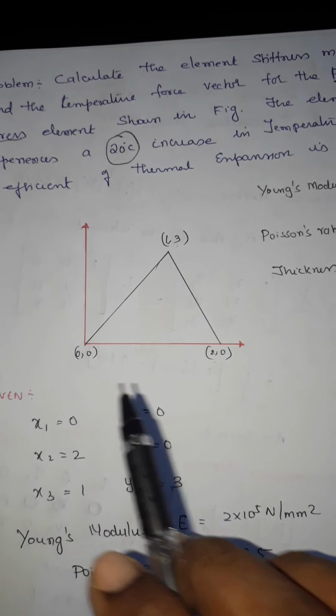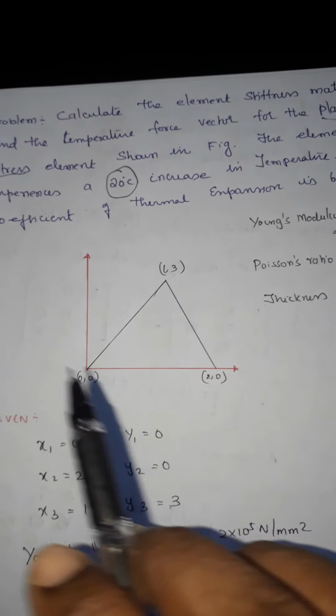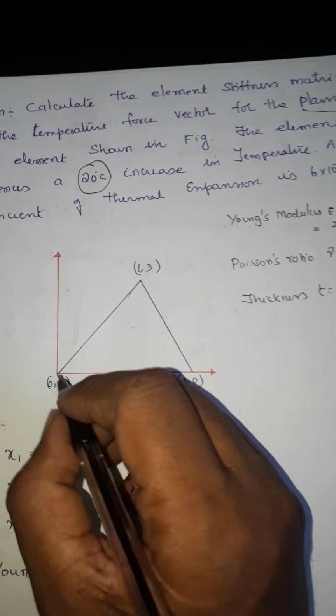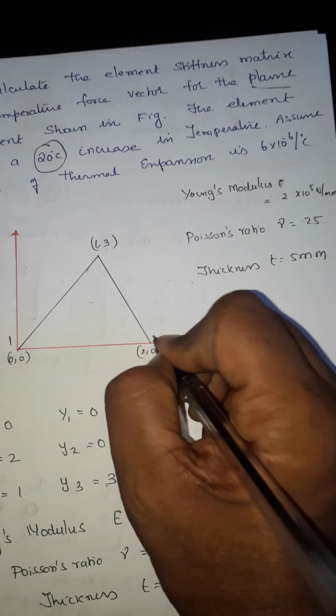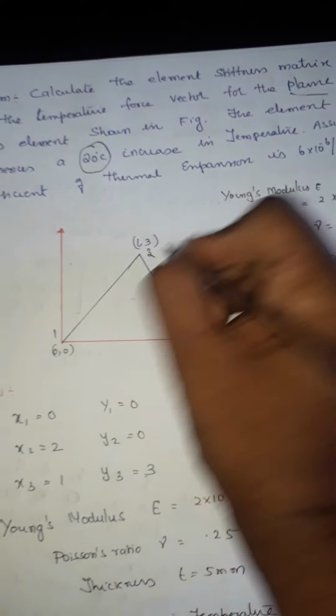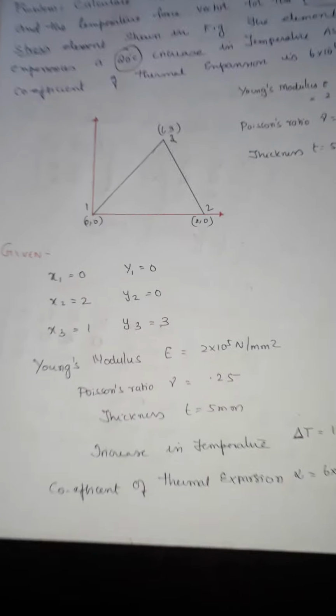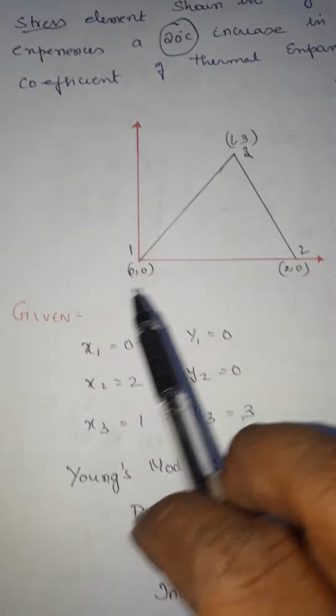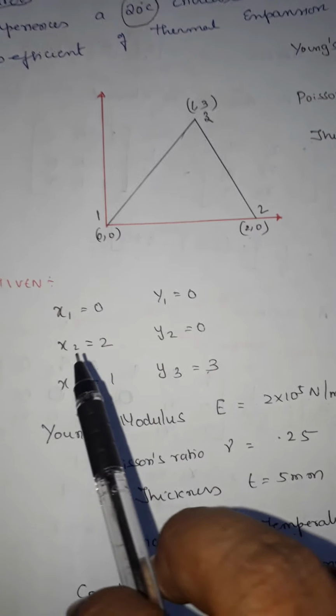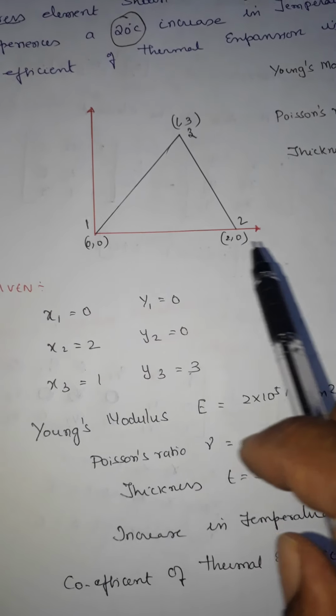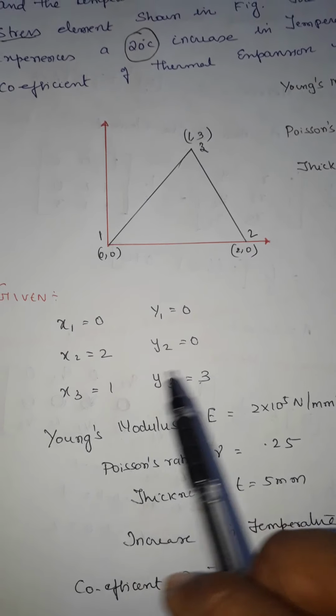They are x1, y1, x2, y2, x3, y3, for nodes 1, 2, 3. I have written the coordinates: x1, y1 is 0, 0; x2, y2 is 2, 0; and x3, y3 is 1, 3.